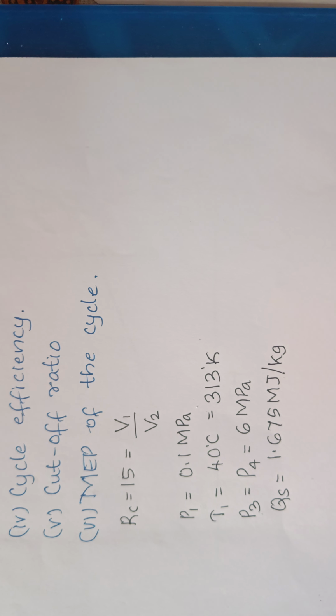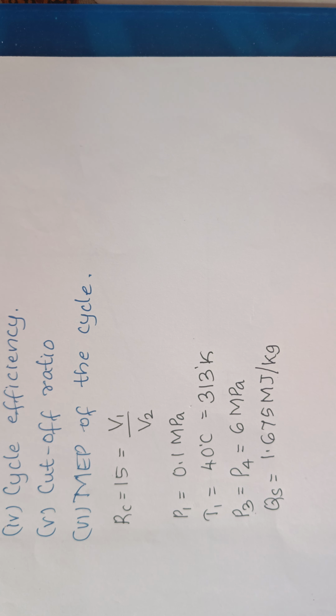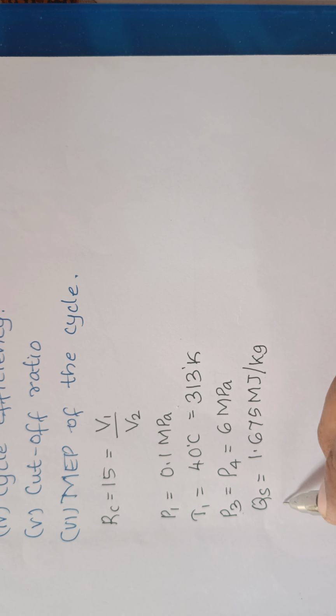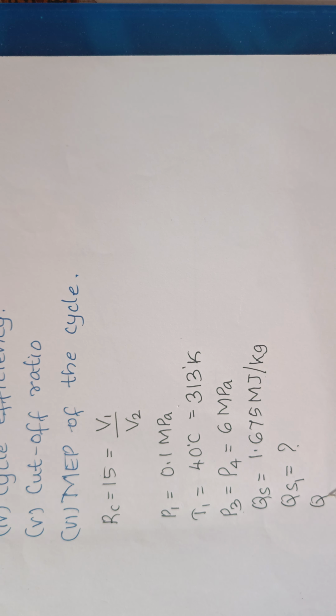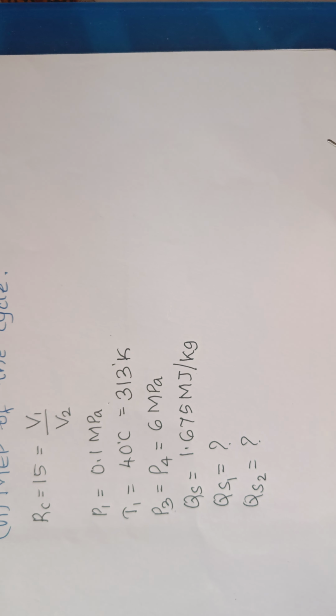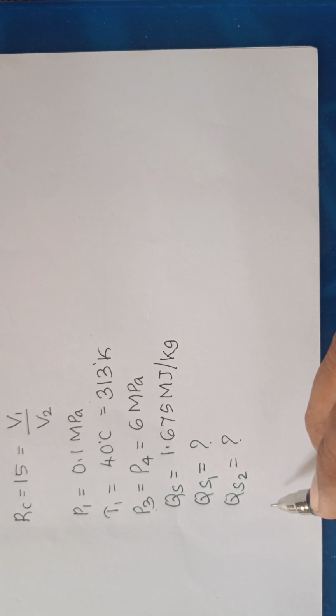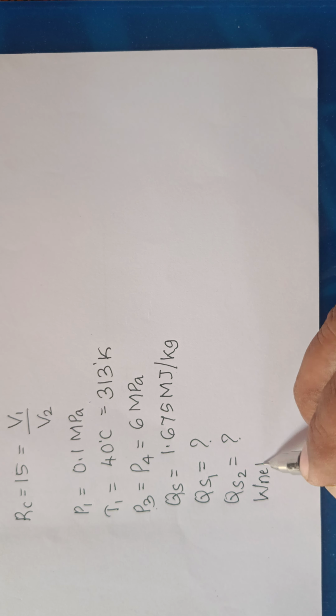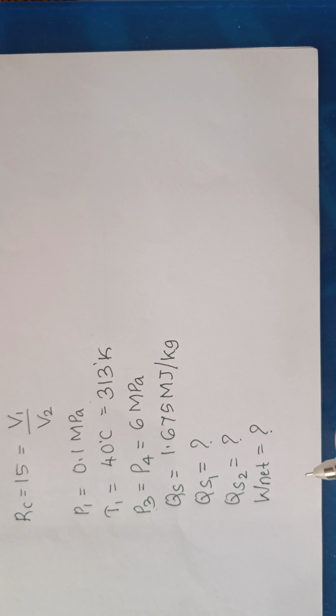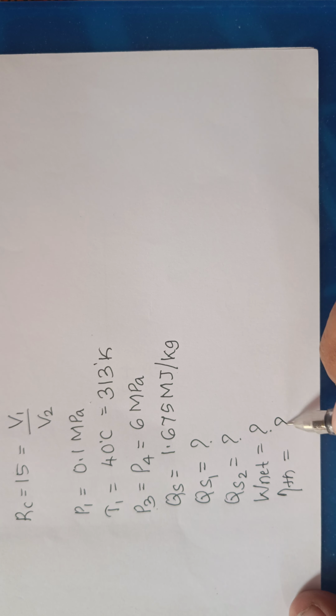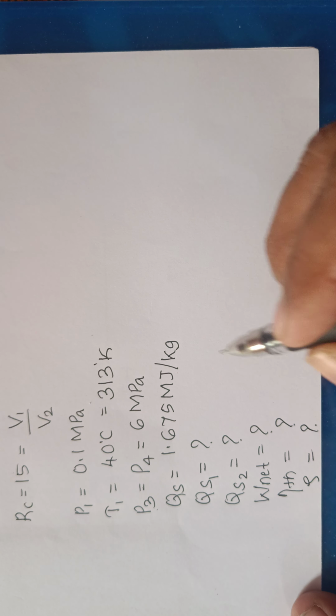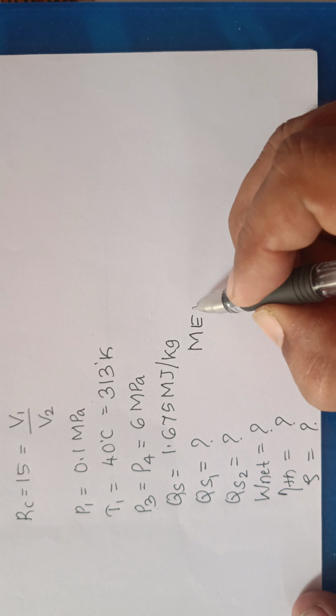What you have to find out: the heat supplied at constant volume, QS1, the heat supplied at constant pressure, QS2, then W net, followed by cycle efficiency, then cutoff ratio, rho, and the MEP.